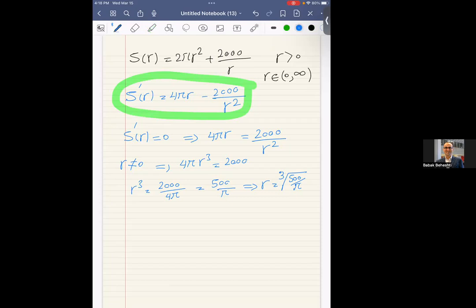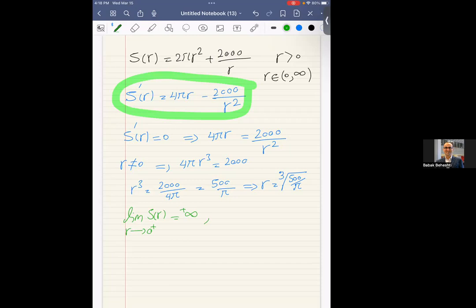However, it's useful to compute the limit of this function at the endpoints. So when r is 0 and r is infinity, it's easy to see that the limit of s of r when r goes to 0 plus is positive infinity, right? Because you have 2000 over r.